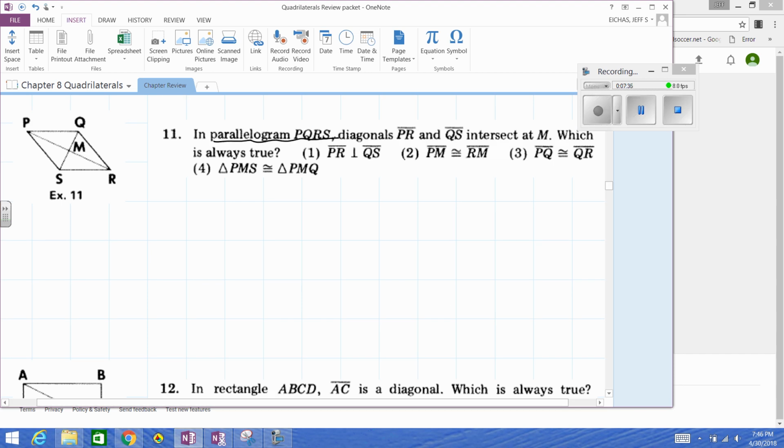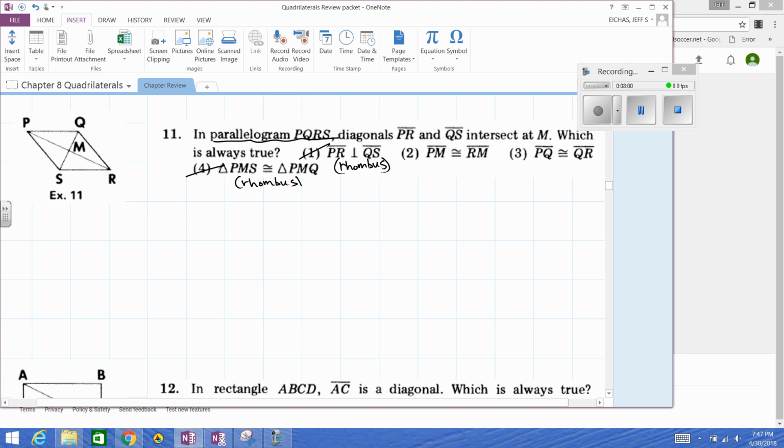It's a parallelogram, so there's no guarantee that it's a rhombus or a rectangle. Which must happen? Triangles PMS and PMQ congruent doesn't have to happen. This would have to happen in a rhombus, but they only said a parallelogram, so that one's not 100%. PRQS, again, that's a rhombus property for number 1.